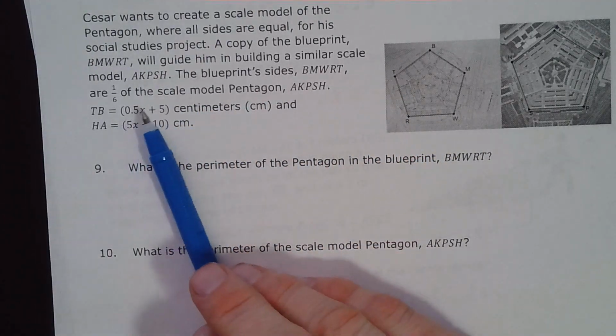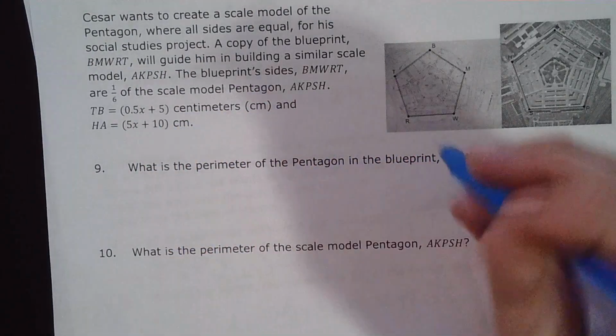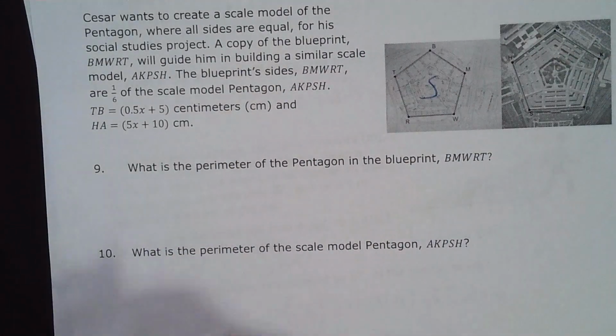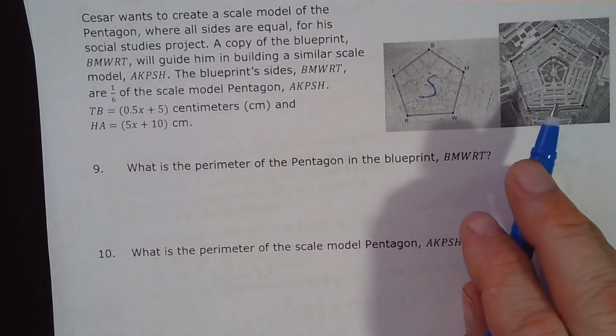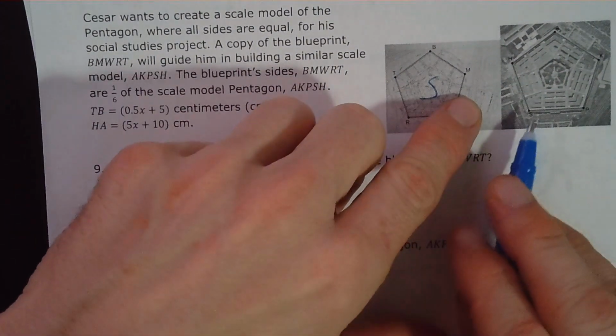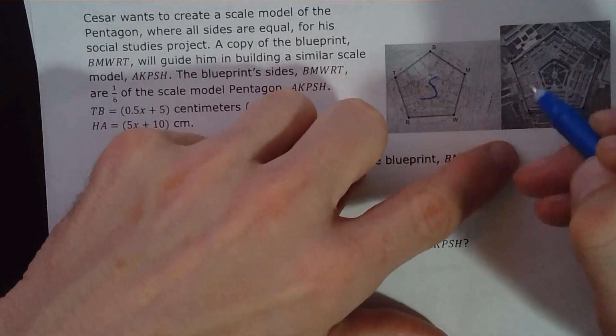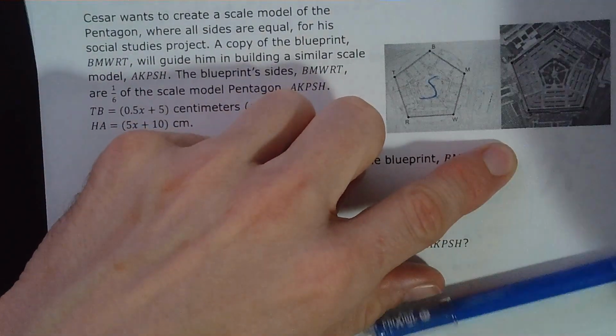And they're 1/6 the model. Okay, so this is the small. That's the small. And the big one is the model. So, oh, they have marks there. I didn't recognize that. So we'll make this bigger.